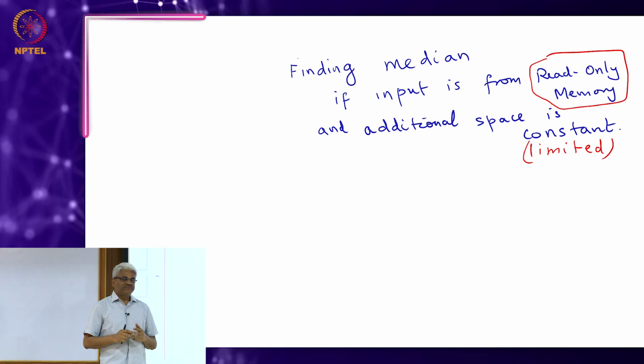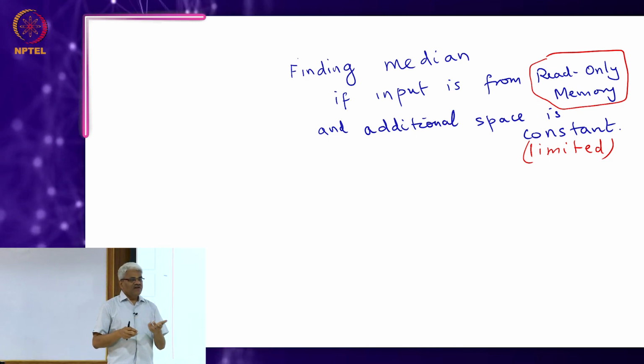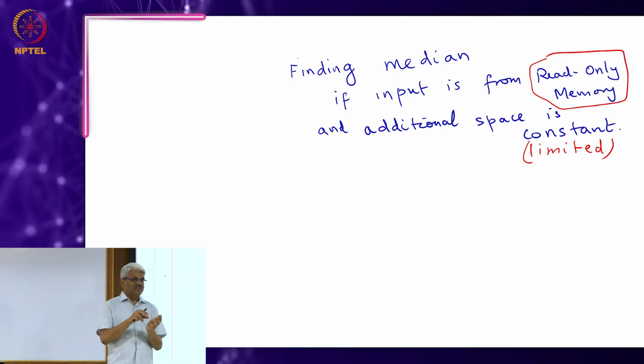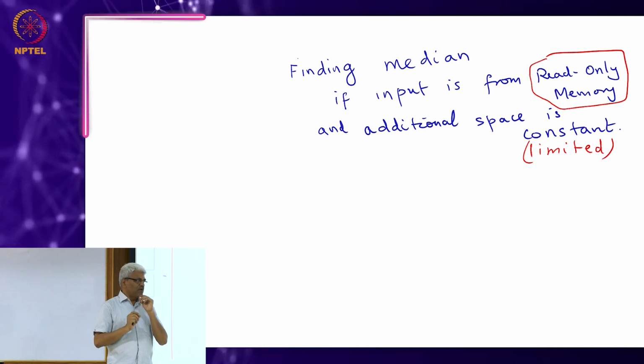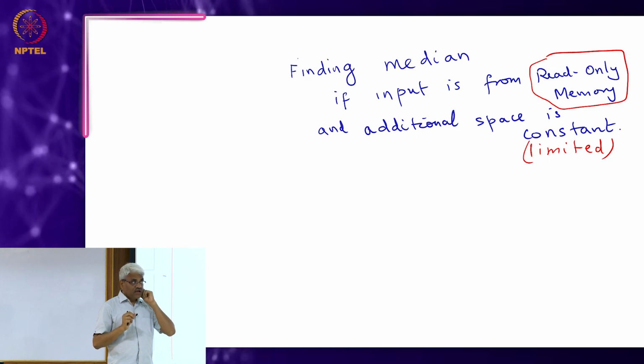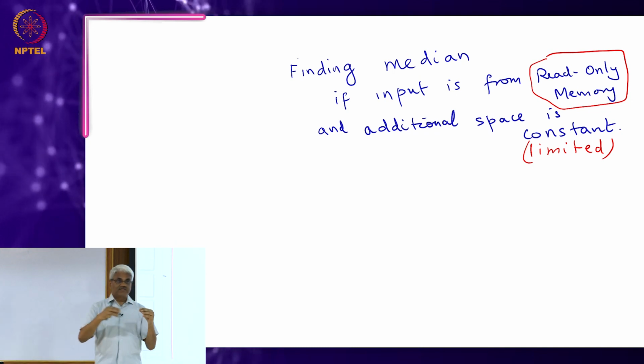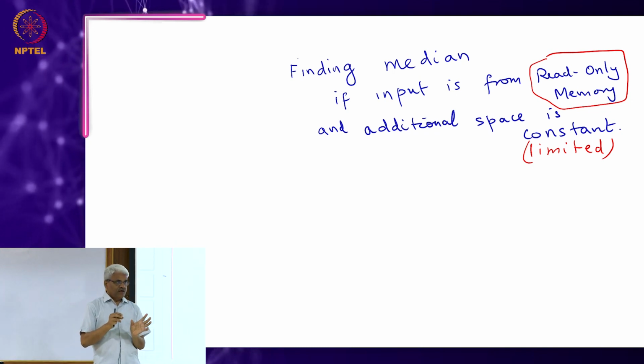If I want second max, two variables plus a counter, 3, so I can do the same thing. But if I want the kth max, then if I apply the same algorithm, it is just like k space plus the counter.